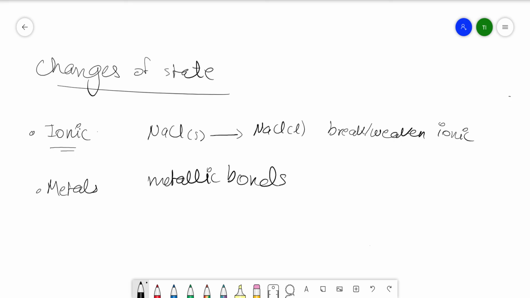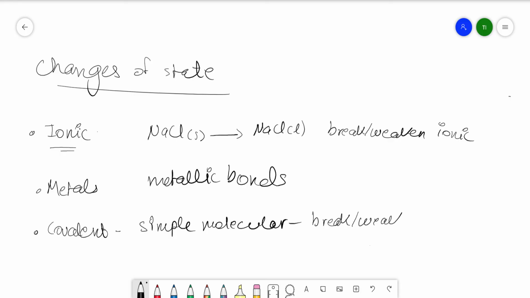But for covalent, there is a slight exception. For covalent, there are two sections. For simple molecular structures, you have to break or weaken the IMFs, for example Cl2, or other diatomic molecules.